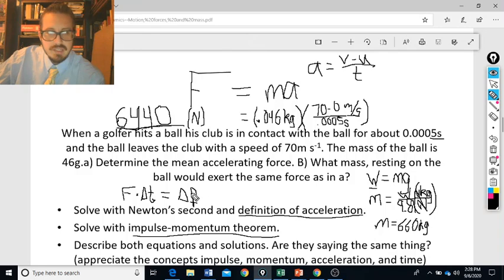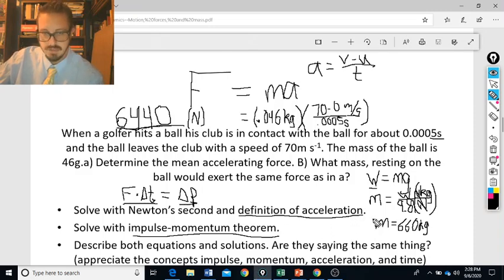But as I mentioned earlier, force is the rate of change of momentum. And so that's really just reorganizing that definition, where the change in momentum over the change in time would give you force. Multiplying both sides of that definition of force by the change in time gives us this impulse momentum theorem that just says the impulse delivered to an object, the force times the time that that force is delivered, will equal the change in momentum of that object.